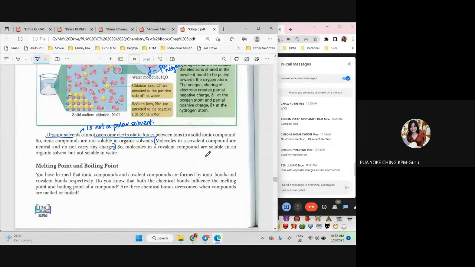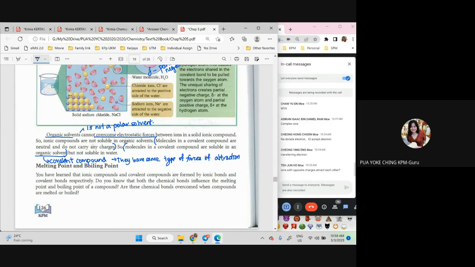Then why are covalent compounds soluble in organic solvent? Okay. This one, molecules in covalent compound are soluble in organic solvent, sebab organic solvent is also covalent compound. They have same type of forces of attraction.